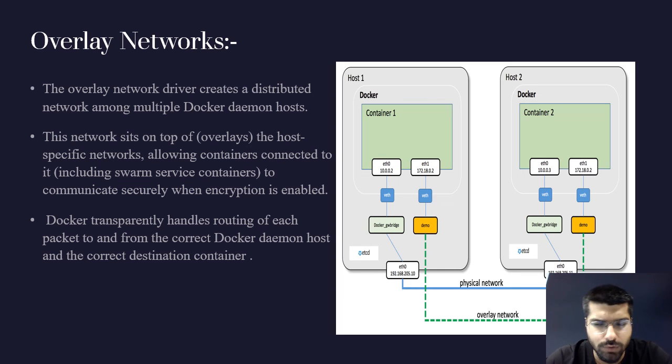That means there are a few specific networks, or maybe a single specific network, over which these networks work. Like they are connected with the Docker volume and all this stuff, allowing containers connected to it to communicate securely when encryption is enabled. Docker transparently handles routing of each packet to and from the correct Docker daemon host and the correct destination container.